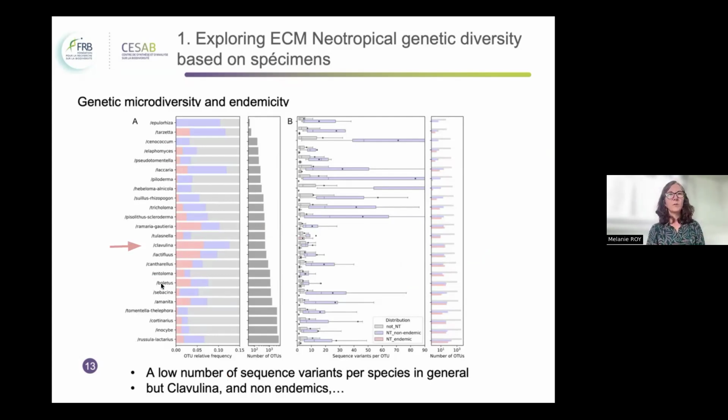Generally, we had a few endemic species that had only 1 to 3 variants of sequences, so maybe we have undersampling for these species. Still, the only difference we detected was for the Clavulina genus. It's a genus that was already supposed to have originated from the neotropics, and indeed we observed a higher diversity of the endemic species from the neotropics than of the species from the non-neotropics, in gray here.